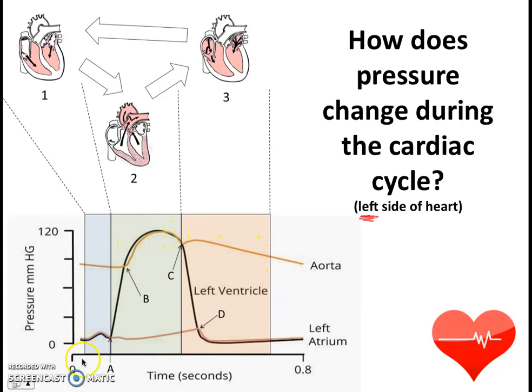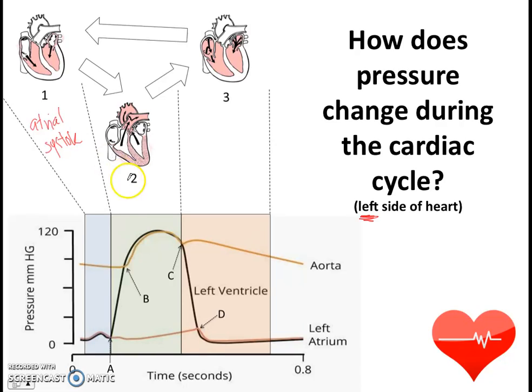From 0 seconds to 0.8 seconds, how does the pressure change in the left atrium, in the left ventricle, and in the aorta? Now you will realize that I divided this graph into three parts based on the cardiac cycle. The first part here in blue is during atrial systole.